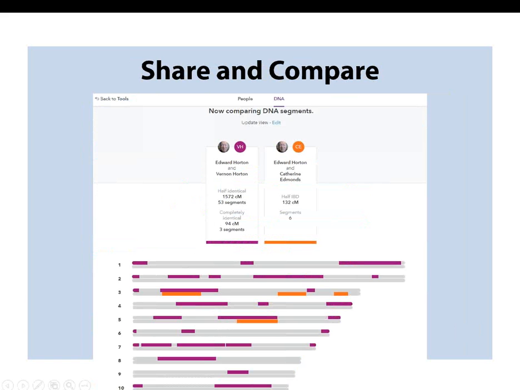23andMe has a similar feature called Share and Compare, where you can compare up to 5 people that you are sharing with, and you can see bit by bit along each chromosome which segments you share. And again, this is very useful, I think, for visualization. Also, you can see if any of your sharing connections share DNA with each other, even if they do not share DNA with you.